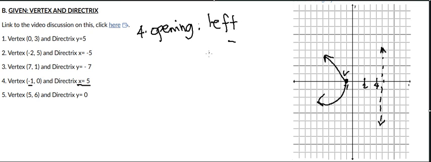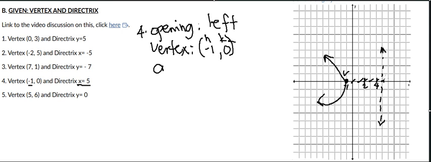Next, we have the vertex. The vertex is already given, which is negative 1 and 0. Negative 1 for the h, and k is 0. Our a is simply the count from the vertex to the directrix: 1, 2, 3, 4, 5, and 6.